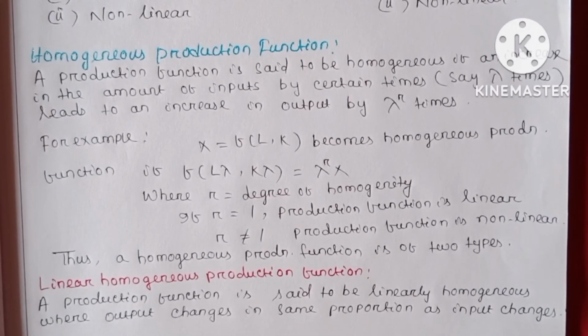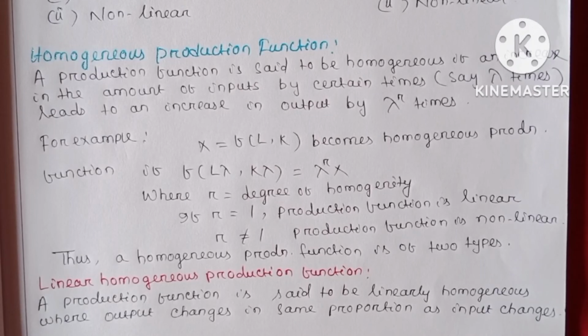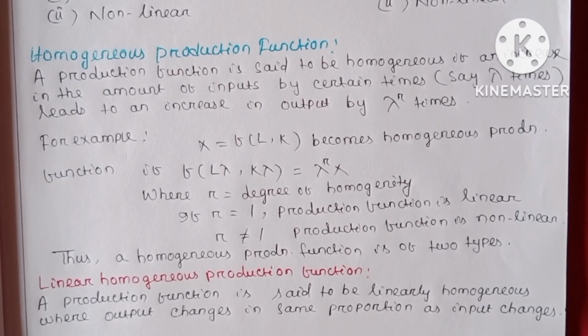So whether r is greater than 1 or less than 1, it is a non-linear homogeneous production function. If r equals 1, then it is a linear homogeneous production function. Clear?